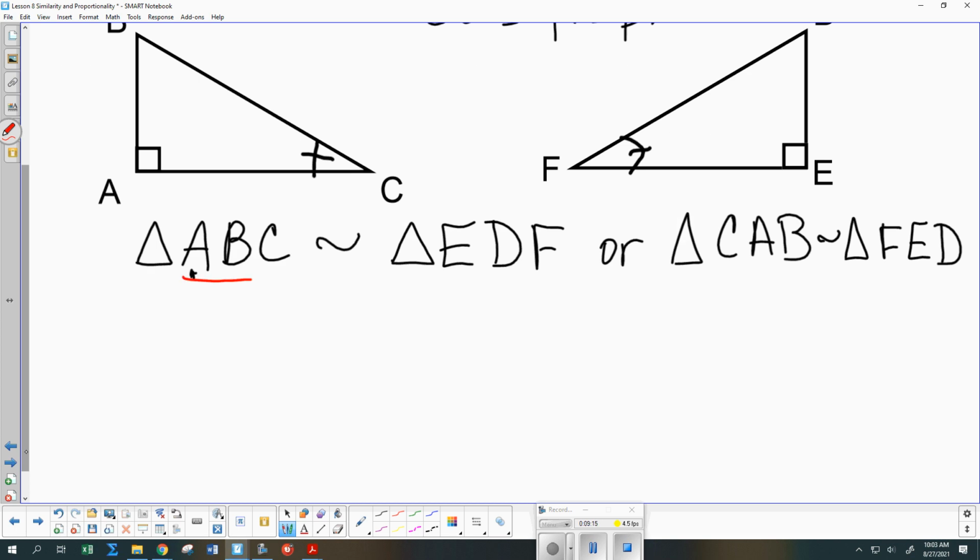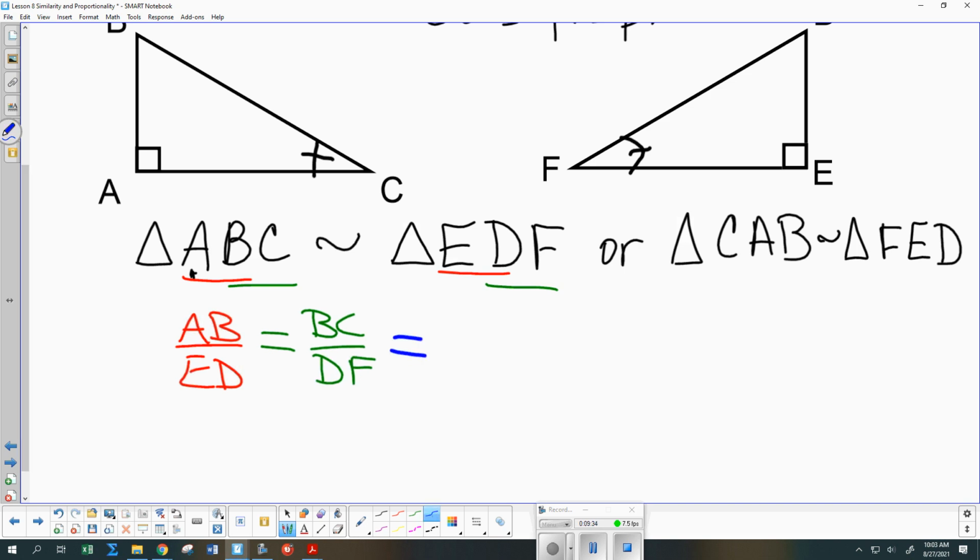If we are doing similar, first two letters over first two letters must give the same ratio as last two letters over last two letters.